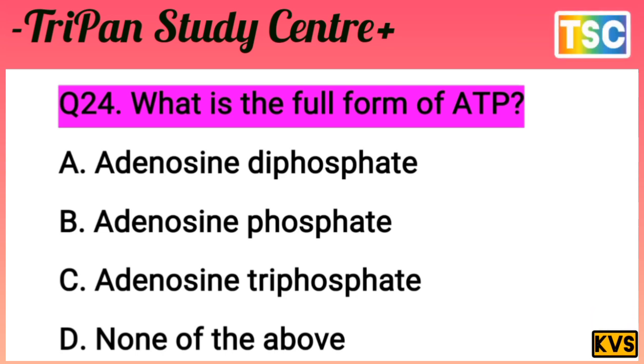It is a high energy molecule found in the cells of the human body, animals, plants, etc. It is capable of storing and supplying the energy needed by the cell.